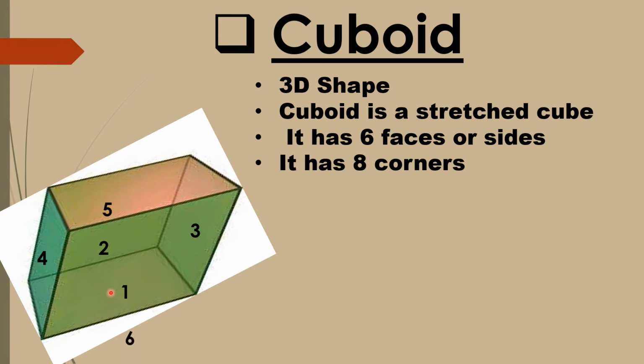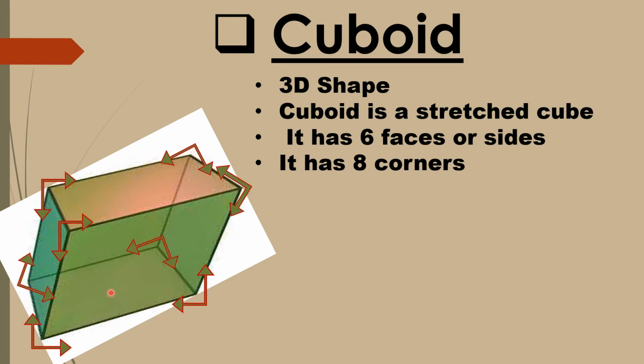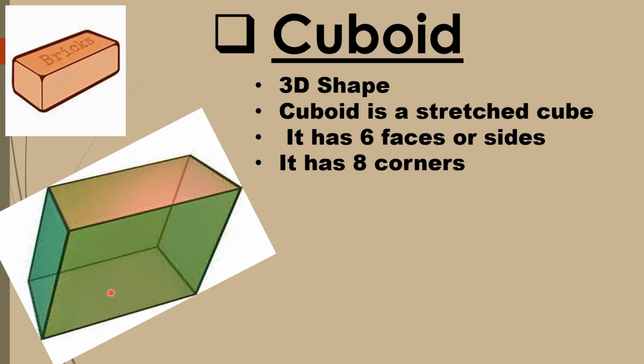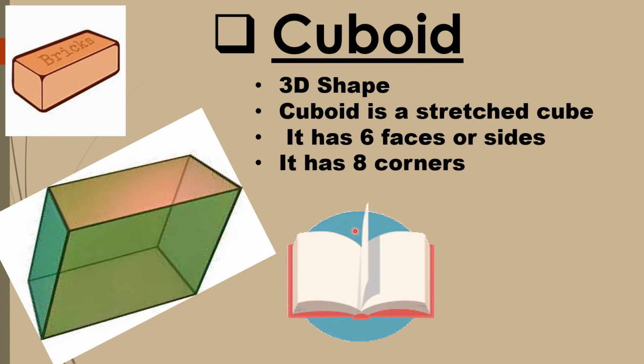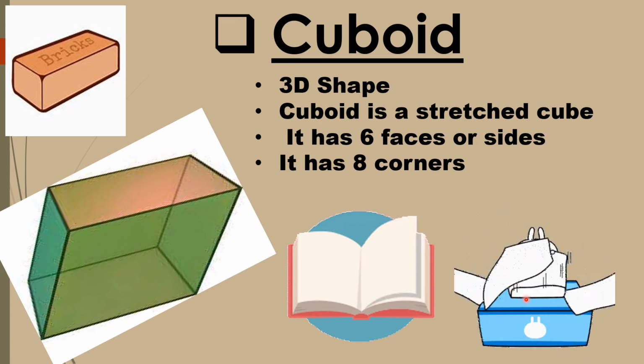Now let's count corners with me. 1, 2, 3, 4, 5, 6, 7, 8. It has 8 corners, and here we have an example of bricks. Yes, it looks like a box. Cuboid. Okay, and here are examples of a cuboid. There is a book and a tissue box.